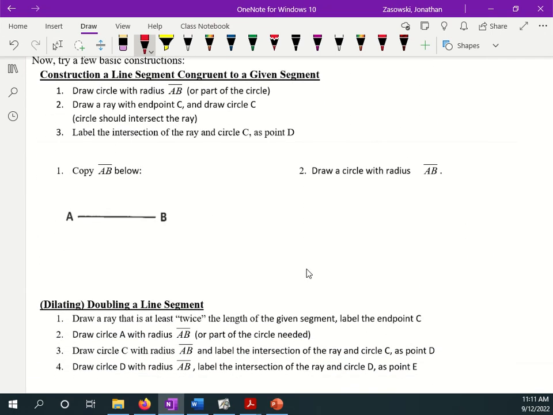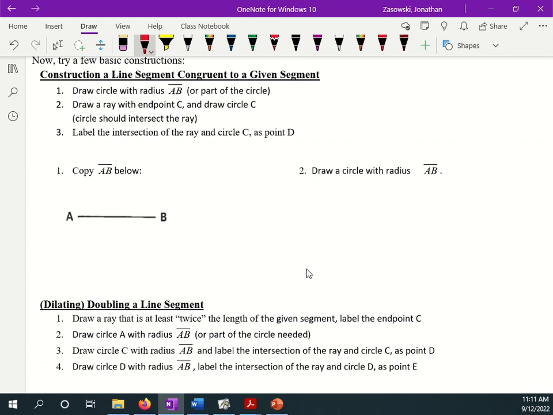So, step one, you guys ready? We need to know how long AB is. We're not allowed to use a ruler, so we can use our compass. I can open the compass to a certain length so that it is telling me exactly how long it is.